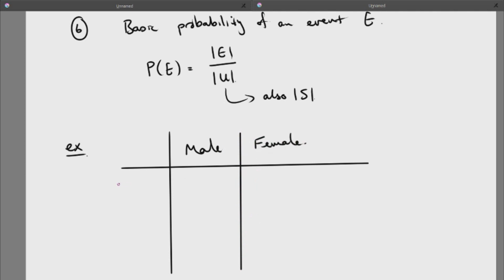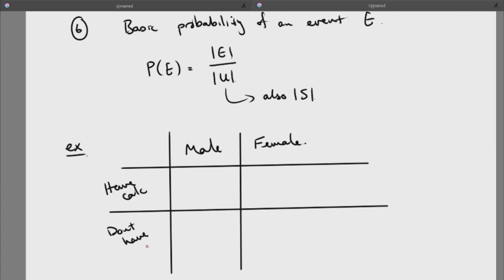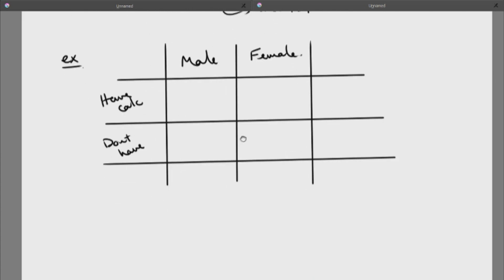Simple properties. And let's suppose we have another property. Let's say some have a calculator and some don't have a calculator.